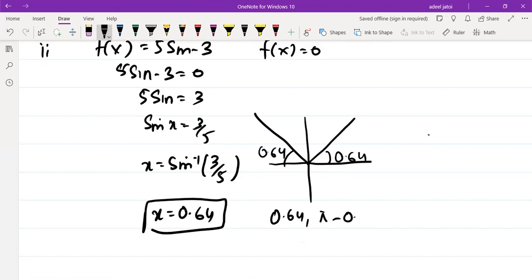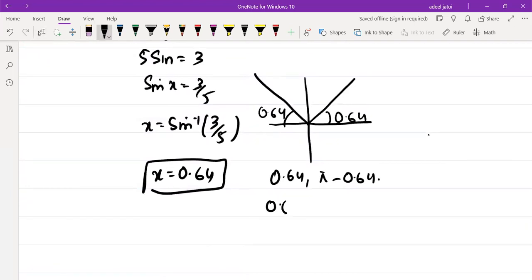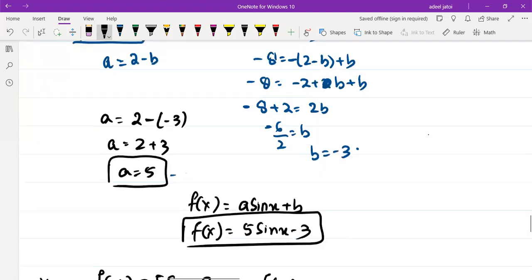The other will be π minus 0.64, because π is 180. π minus 0.64 is 2.501, the answer for the second angle, in the second quadrant.